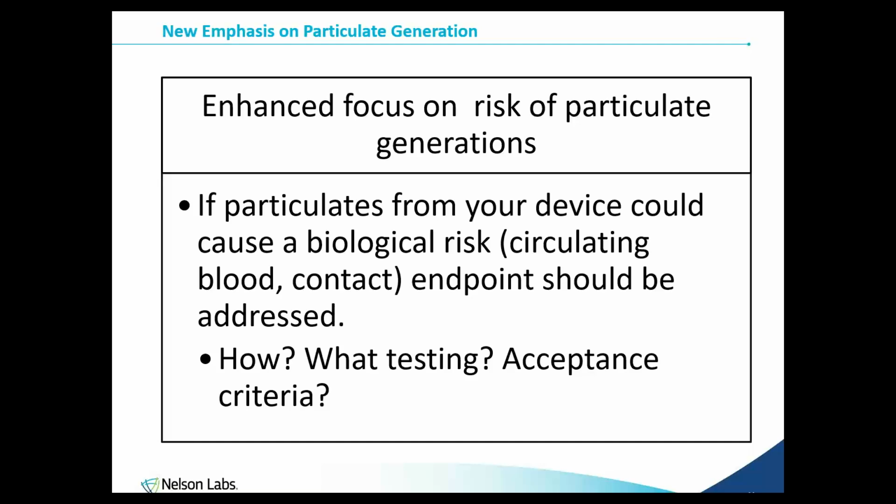In USP, we do have a section where it talks about acceptance criteria for pharmaceutical containers. And so we use that today to kind of help say, hey, if it's good for injecting fluid into your body, drugs, then it should be good for medical devices also in the vascular system. But right now, Nelson is actually preparing, so we have decades of data for medical devices on particulates.